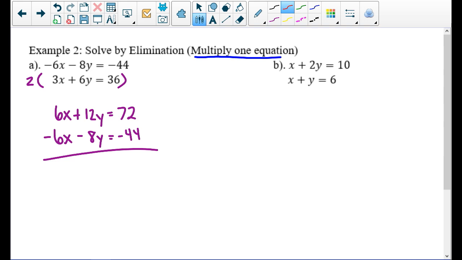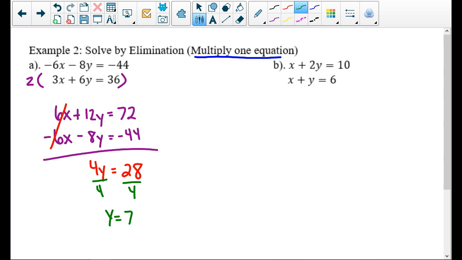So 6 and negative 6 is 0. 12 minus 8 gives me 4y. 72 minus 44 gives me 28. And then divide by 4. The y then equals 7.